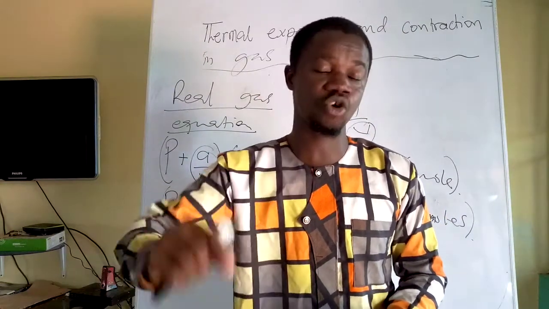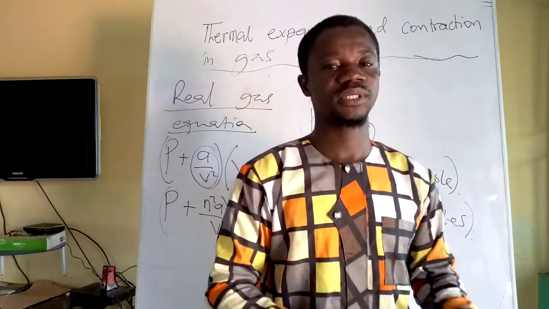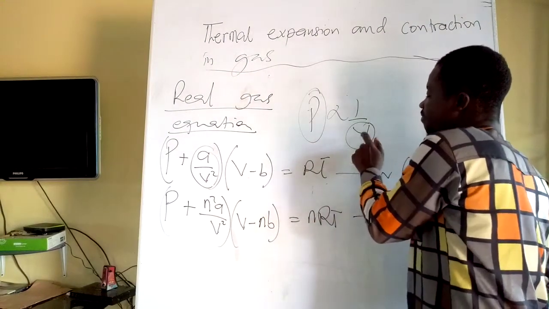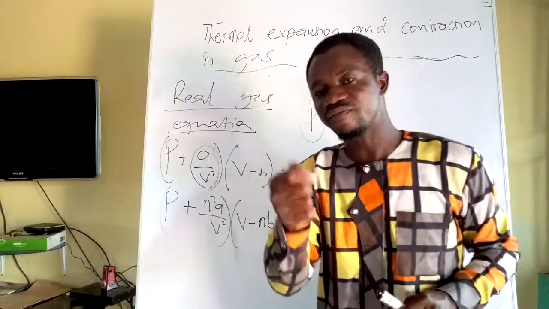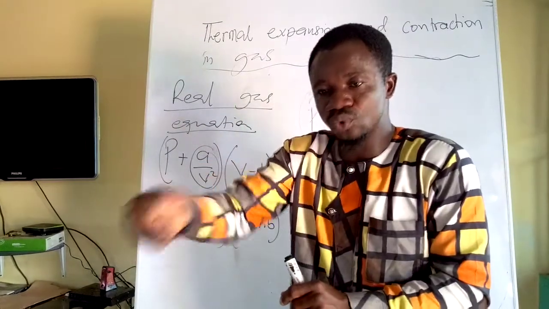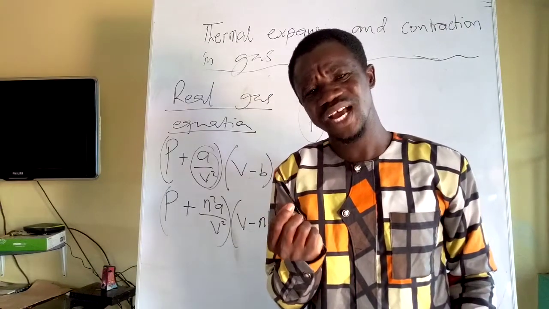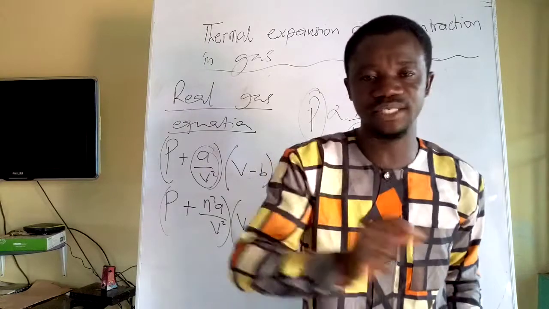The molecules of the gas do not occupy volume. In the real gas, the molecules of the gas occupy volume. So at very low pressure, the volume of the container is very high. So when we compare the volume of the molecule with the volume of this high container, the volume of the molecule of the gas becomes insignificant. It becomes negligible. So the gas behaves like ideal.